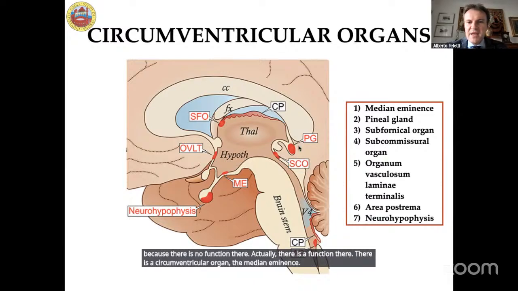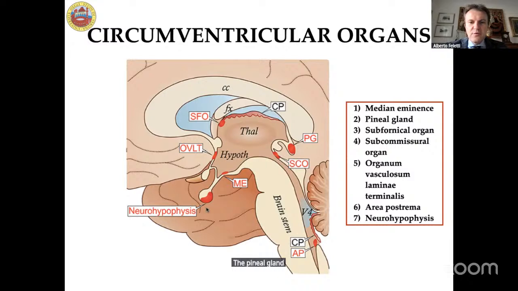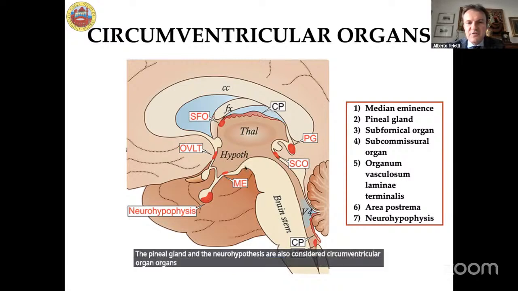The pineal gland and the neurohypophysis are also considered circumventricular organs, although they are outside the ventricles. And then the subfornical organ, up here below the fornix, the subcommissural organ just below the posterior commissure, the organum vasculosum lamina terminalis.